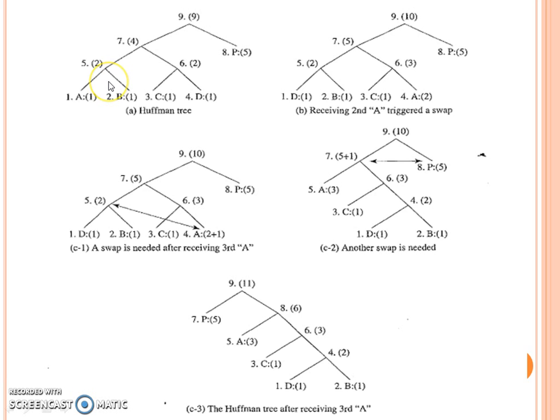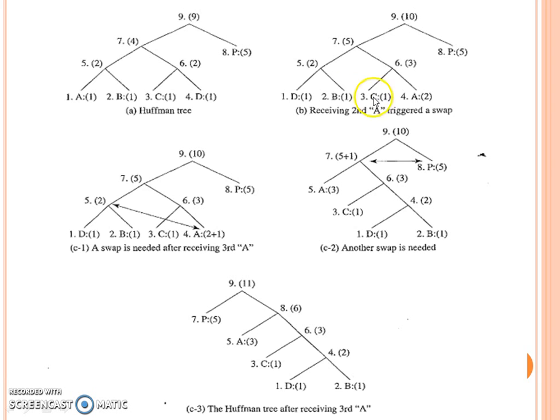That is greater than B, C and D. So we have to swap A with B, C or D. But to avoid multiple swaps, we will just swap A and D, that is the farthest element. After swapping A and D, we get a new tree as shown in figure B.